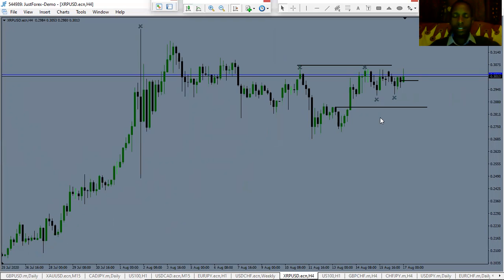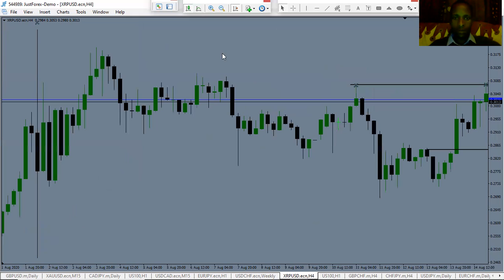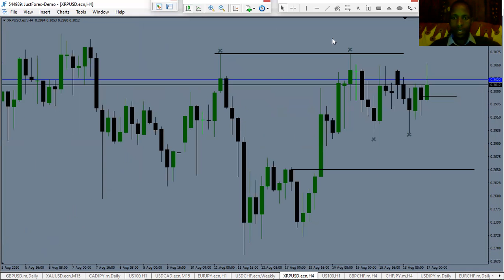That's how I normally trade. I react towards the situation, towards a given problem. So now we can see we have these equal highs, okay, which need to be raided off before we begin with a strong rally.